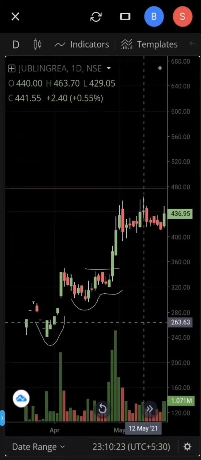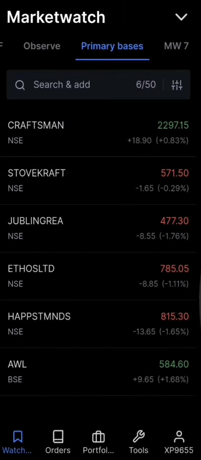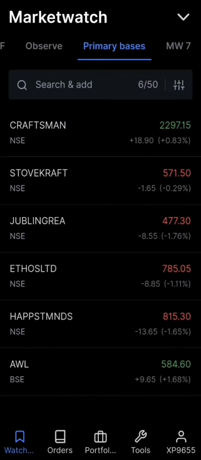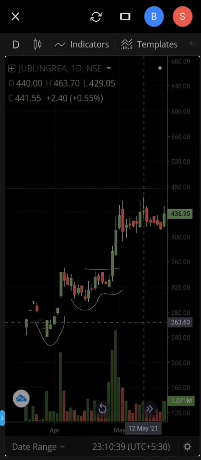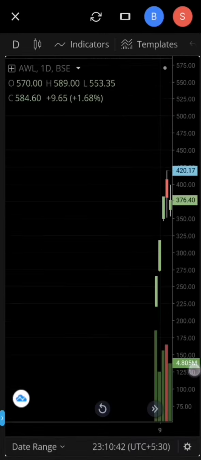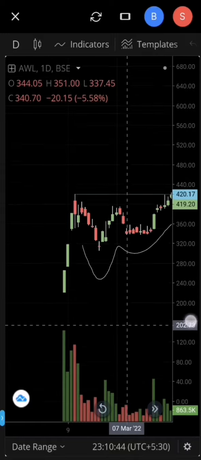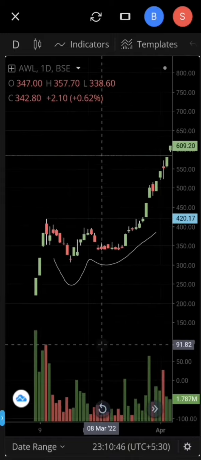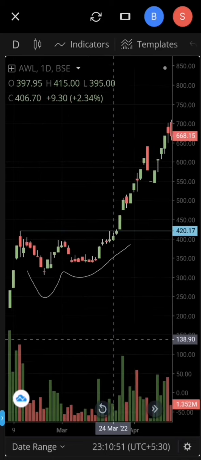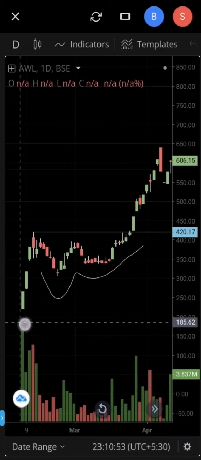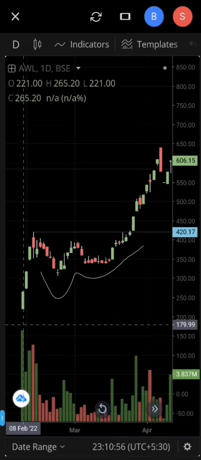The only motive behind sharing these multiple examples is that there is no textbook base, but you will have to see different examples. So now let's move into AWL, Adani Wilmar Limited. This was the recent IPO base breakout that we got into. In this case, if you could see, the IPO listing happened around 8th Feb.